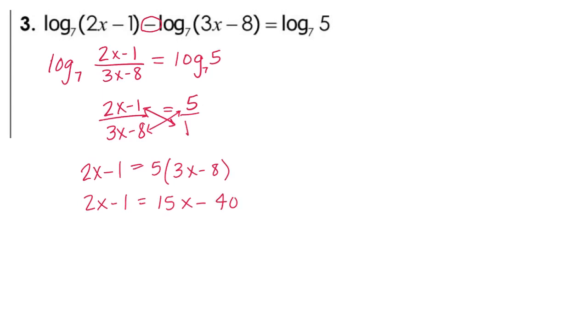And we're going to subtract our 15x over. And of course, you can solve this any way. I always just move my x's over to the left side. So we're going to have negative 13x, and I'm going to add 1 over, equals negative 39. And so x is going to be positive 3.